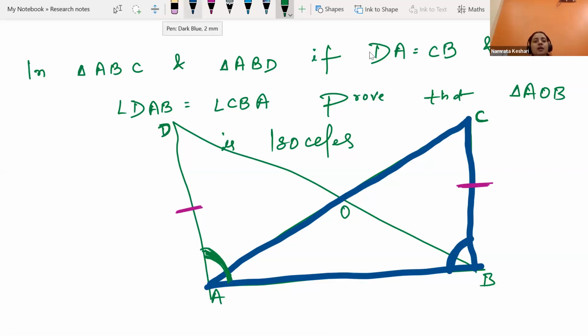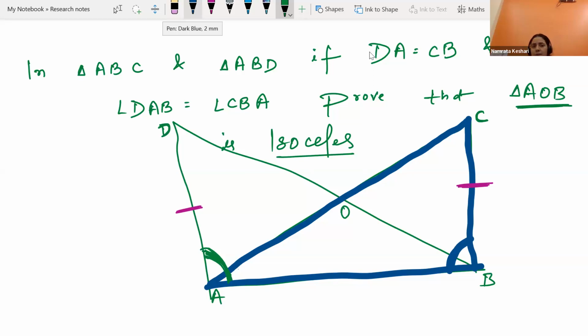Let's think about it. Previously I was telling you, whatever information is given, use it. And whatever we are supposed to find, accordingly we will choose the triangles and prove them congruent, so that we'll be able to find what we have to find. Now, keeping in mind that AOB is isosceles, which two triangles shall we choose?